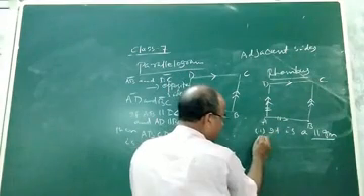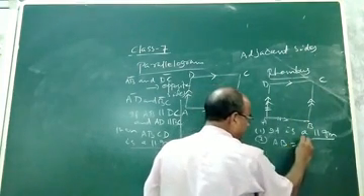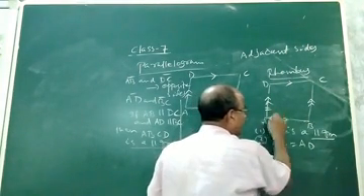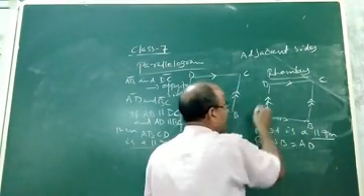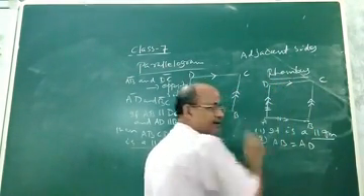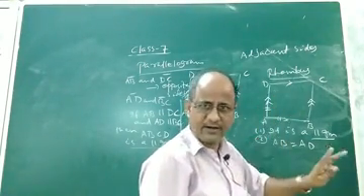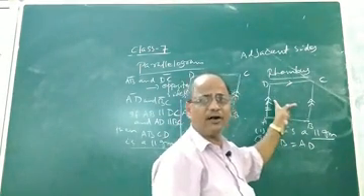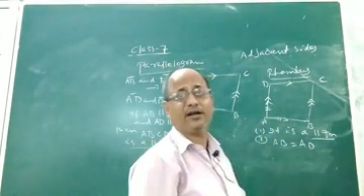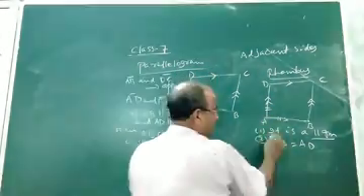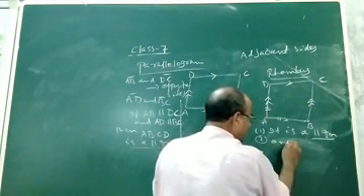That means the second condition is either AB equal to AD, or BA equal to BC, or CB equal to CD, or DC equal to DA. Any one pair of adjacent sides must be equal. First condition, this quadrilateral should be a parallelogram. Then only we will say that this quadrilateral is a rhombus. So a rhombus is a parallelogram with one pair of adjacent sides equal.